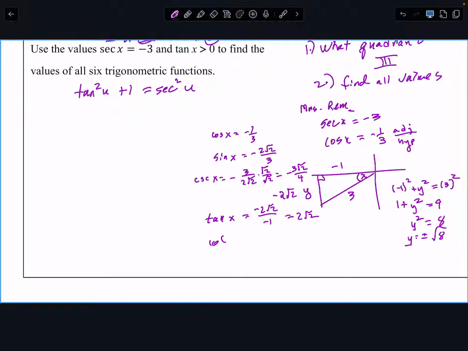And cotangent is the reciprocal of that. But you have to rationalize. Oh, over 4. My fault.